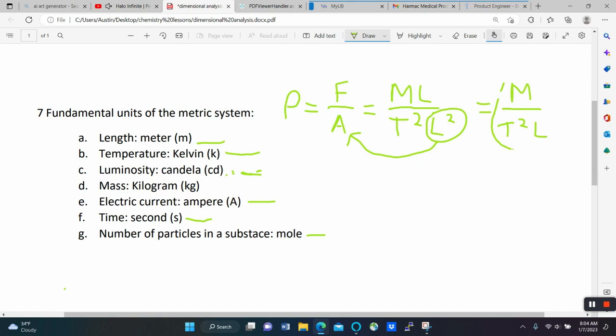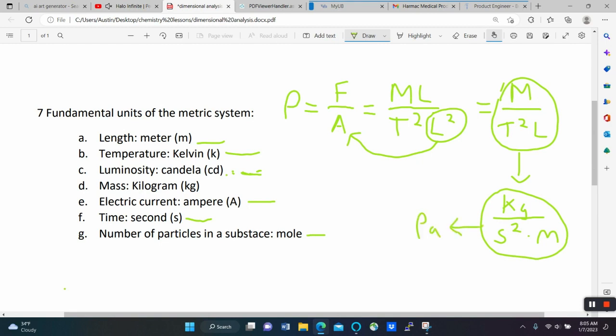If we were to substitute these physical properties with their corresponding fundamental units in the metric system, remember the fundamental unit of mass is the kilogram, the fundamental unit of time is the second, so second squared, and the fundamental unit of length would be the meter. This particular selection of fundamental units would give us the derived unit of pascals. And again, a pascal is the unit for measuring pressure in the metric system.